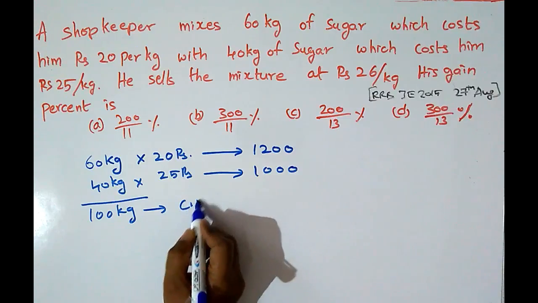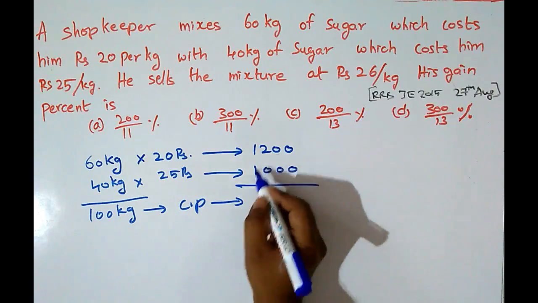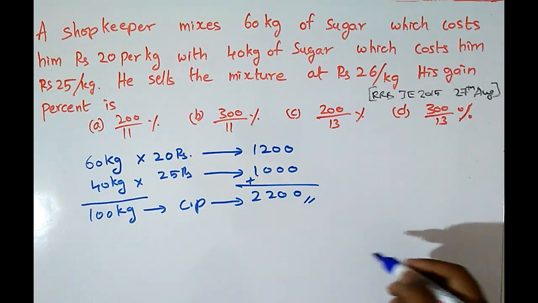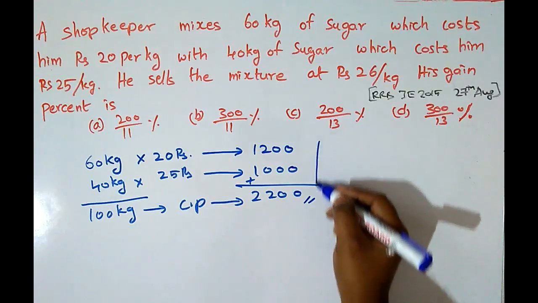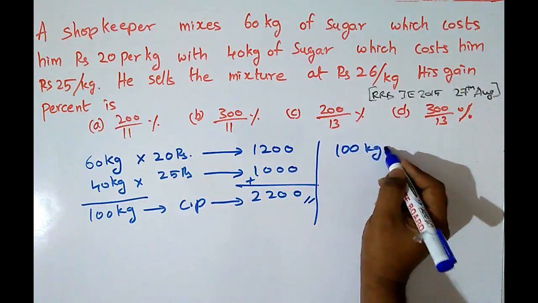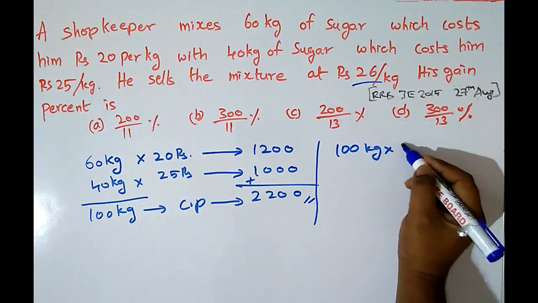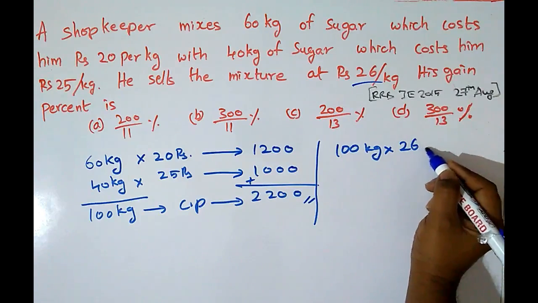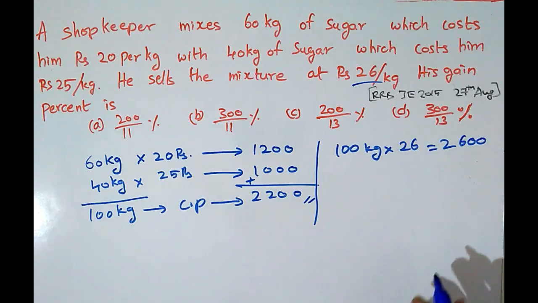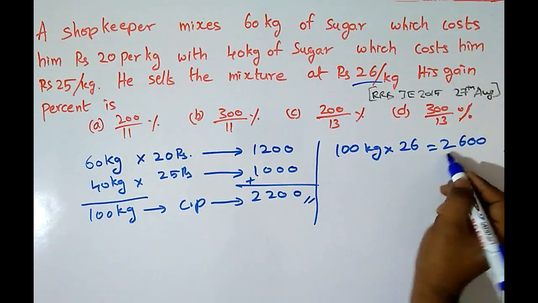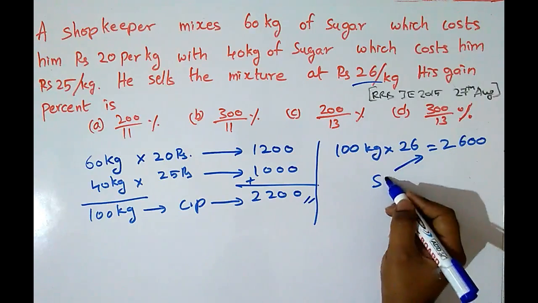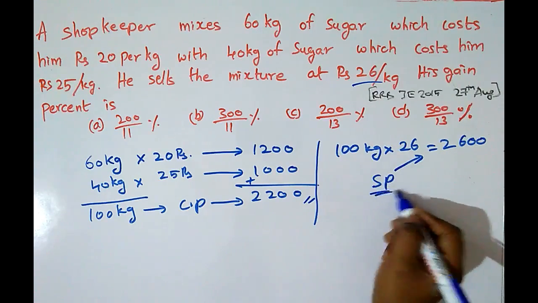The cost price is the sum of these two, that is 2200. Now he was ready to sell this 100 kg at 26 rupees, that is 2600 rupees. See friends, he is selling this 100 kg for 2600 rupees, that is the selling price.